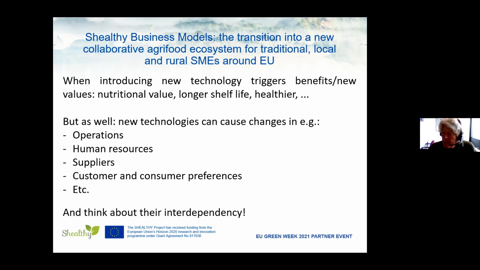And all that is linked together. There is the interdependency. They all need to cooperate. The elements need to be aligned, and the partners need to be aligned to be able to get the technology working efficiently and effectively within the company, within the value chain, and with that achieving the consumer preferences.